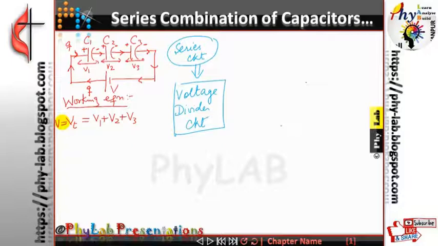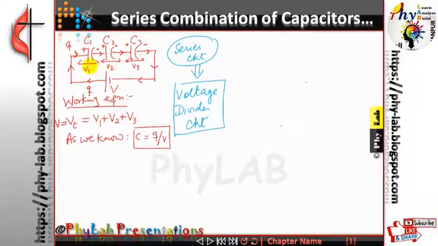Now from capacitors, we already know the capacitance of a capacitor is defined as C equals Q, the charge stored on any one plate of the capacitor, divided by the potential difference developed across the plates. Over here, across my first capacitor, the charge happens to be Q, but the potential difference developed across it is V1.